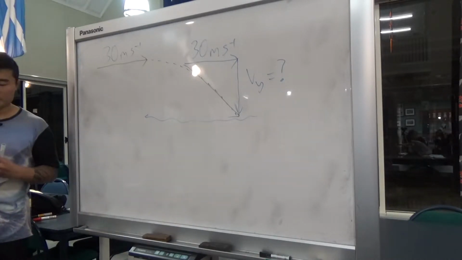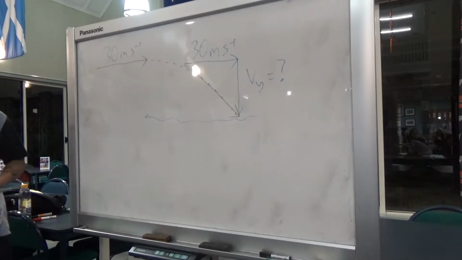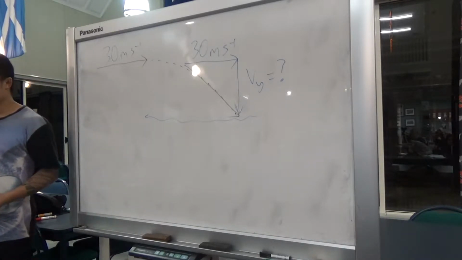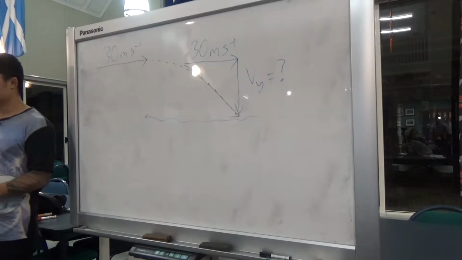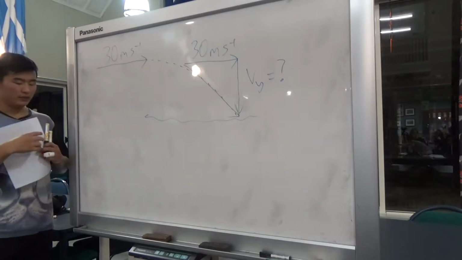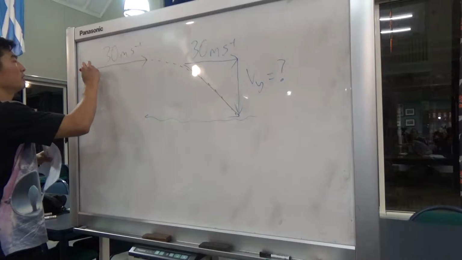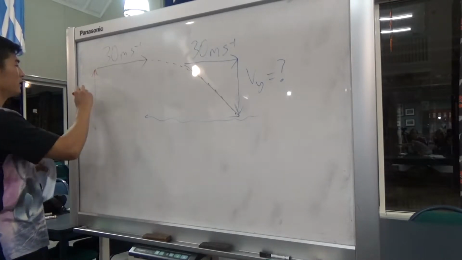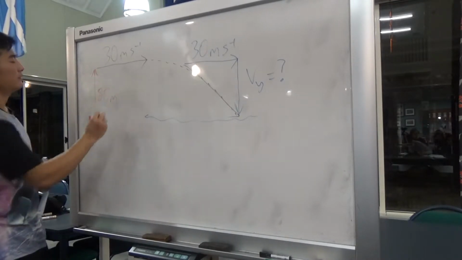So again, it's dropped from a height of 80 meters and there's no air resistance, so the kinetic energy when it hits the ground will be equal to the potential energy that it had when it was at a height of 80 meters, right?